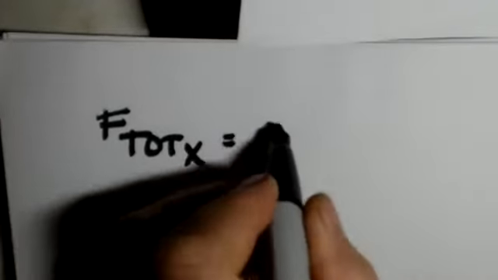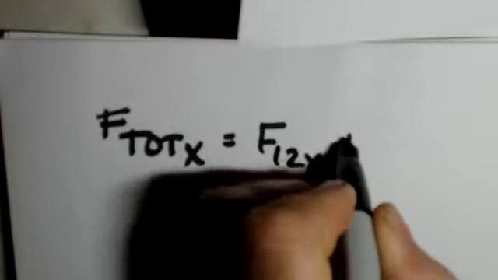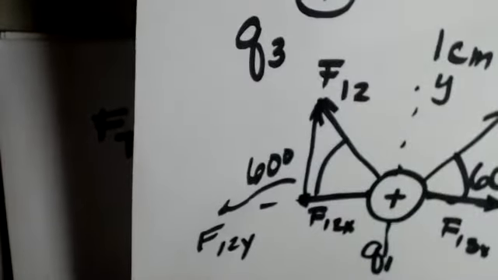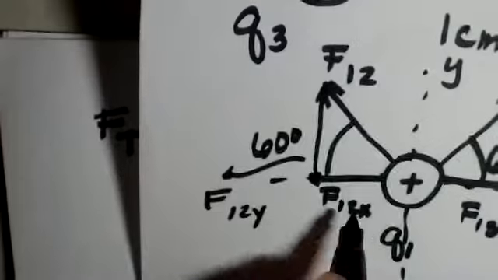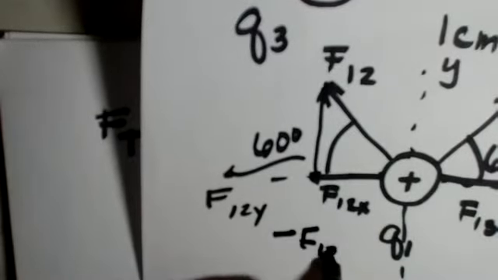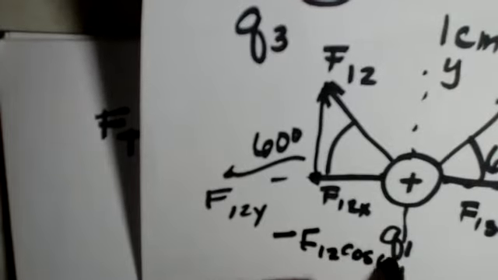Okay, so if I remember from physics 1, F total X is equal to F12X plus F13X. Then if I go here and look at my picture, F12X is going to be minus F12 cosine 60.